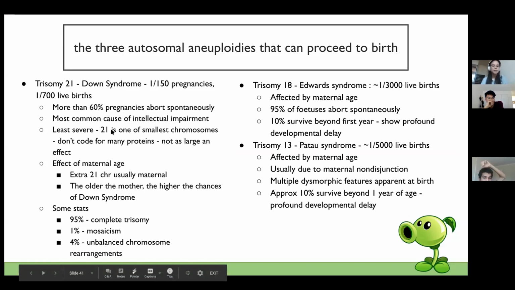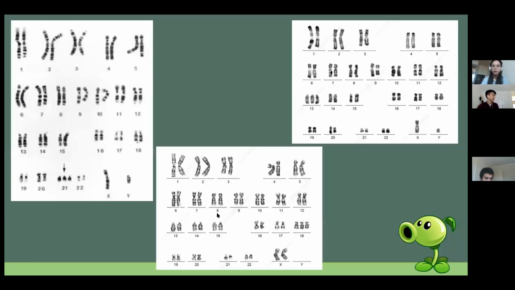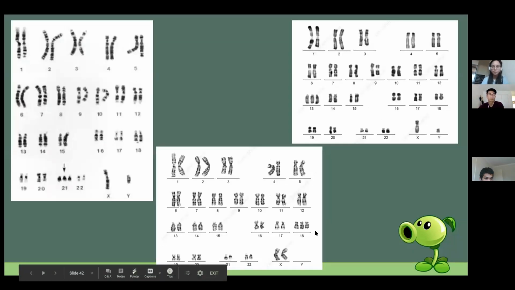This is because 21 is one of the smallest chromosomes and it codes for the least proteins, so to an extent, you can survive without those proteins. All of these are affected by maternal age. The older the mother at the time of conception, the more likely the child will have one of these syndromes. So you can see the karyotypes here, 21, 18, and 13.